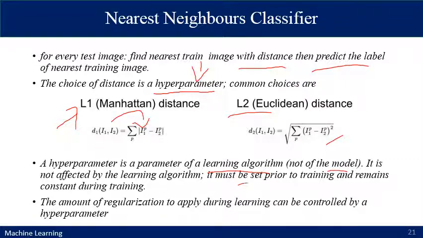It must be set prior to the training, and it must remain constant during the training. The amount of regularization to apply during the learning can be controlled by this hyperparameter. Different learning algorithms have different hyperparameters, and we will discuss each kind of hyperparameter with the implementation of each learning algorithm.